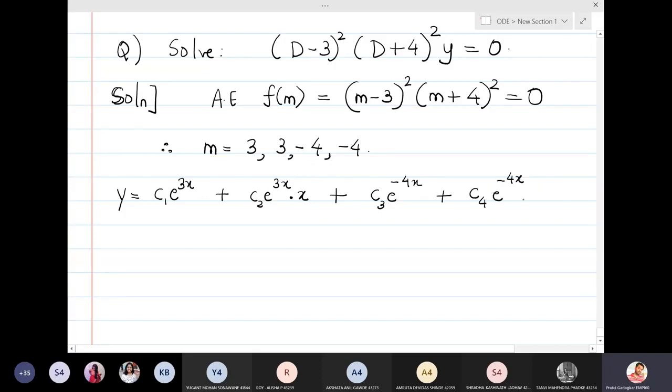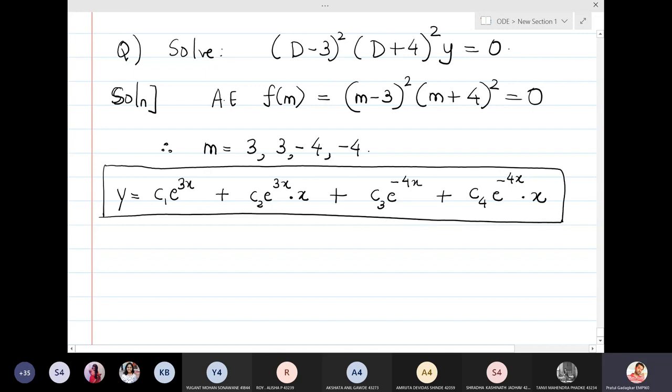The repeated root has come here too, so x here as well. So this becomes the general solution of this differential equation. I hope that how to write the general solution when the roots of the auxiliary equation are repeated is now clearly understood.